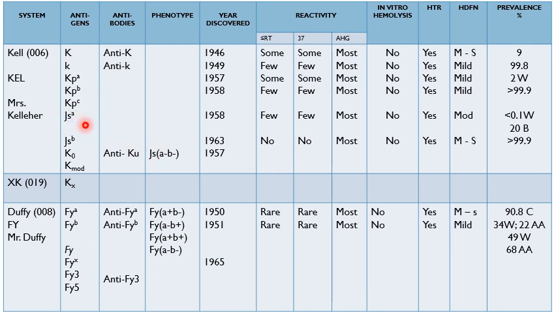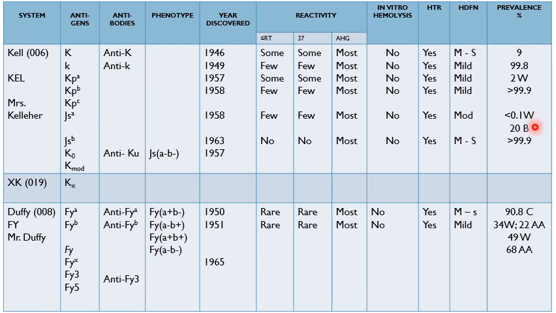JSA is antithetical to its high prevalence partner JSB. JSA is 20% among the blacks, but fewer than 0.1% in whites.